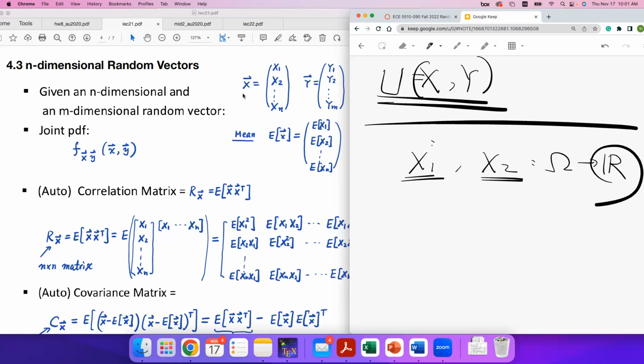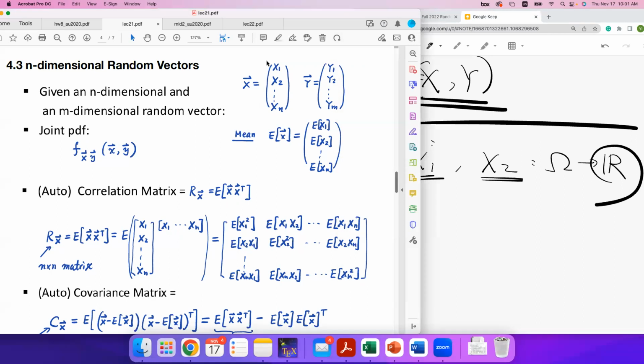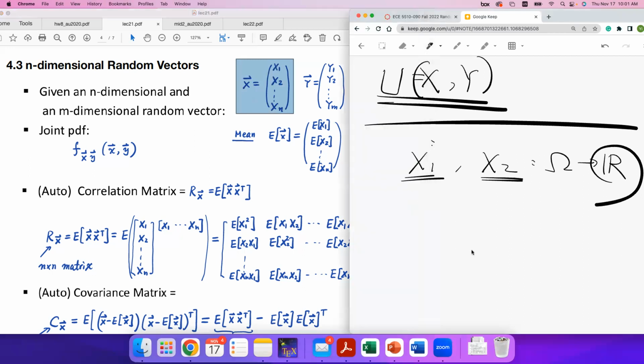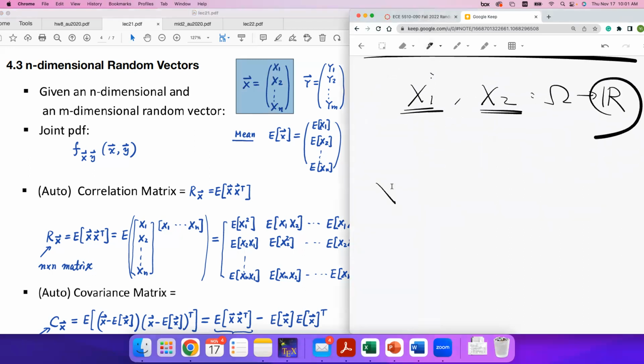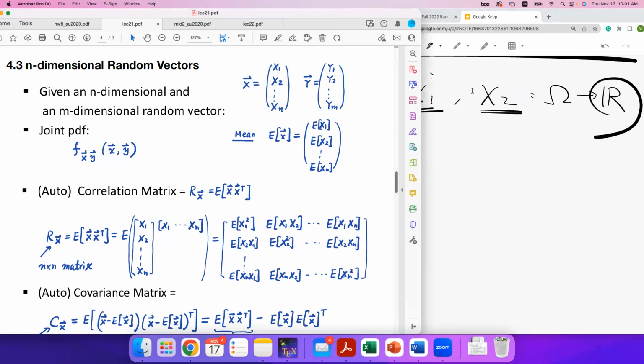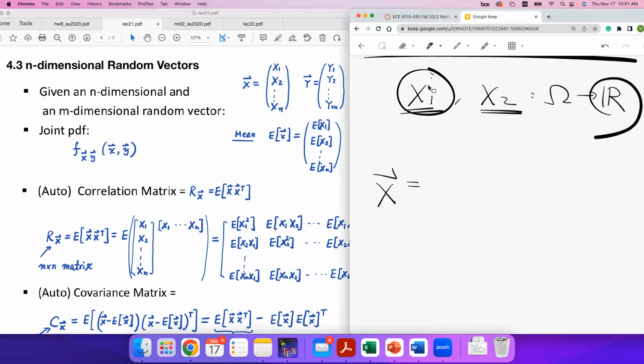But now we can generalize this idea by stacking a bunch of random variables into a column, and we call this a vector of random variables. It's a very natural idea. If you imagine each random variable as a coordinate, because its realization is a number, you can stack them into a vector.